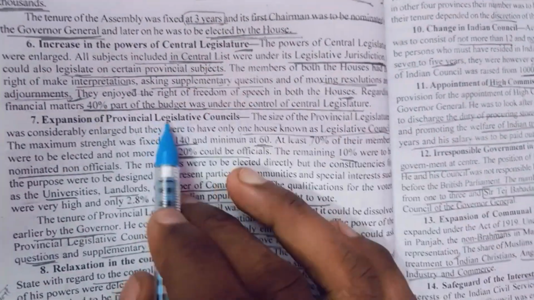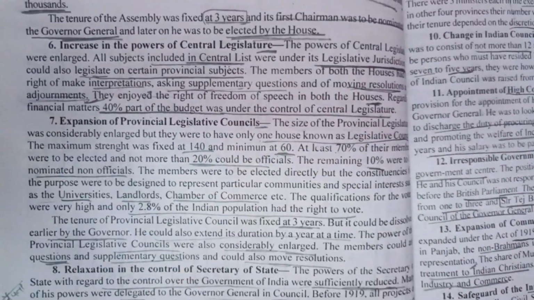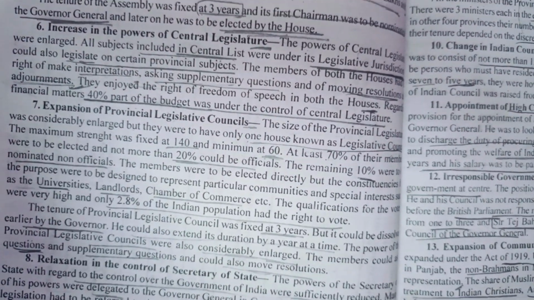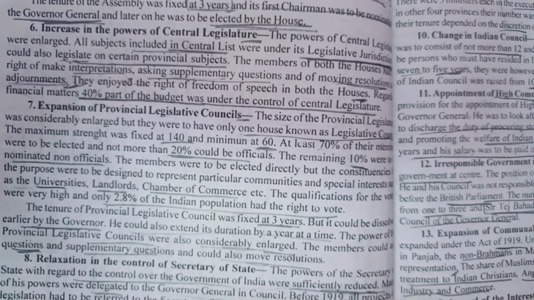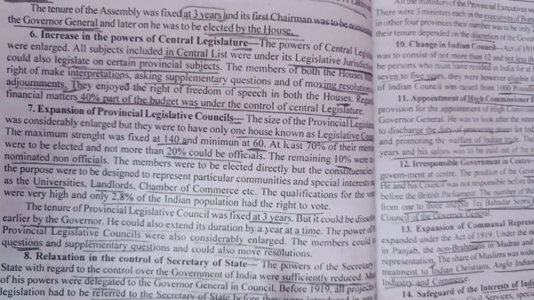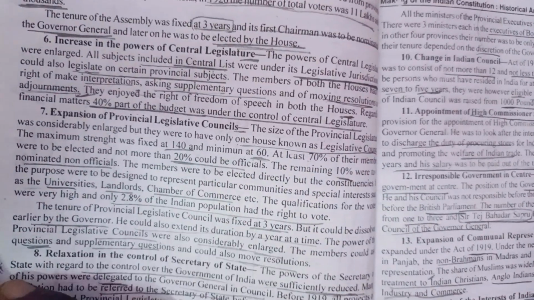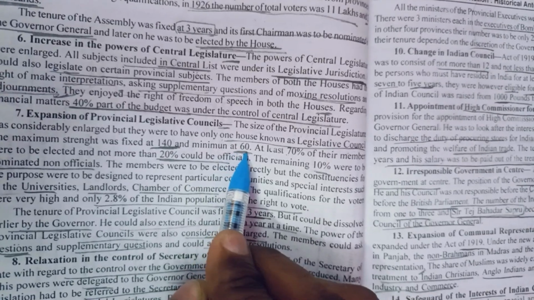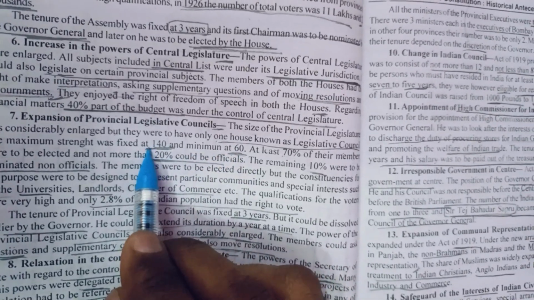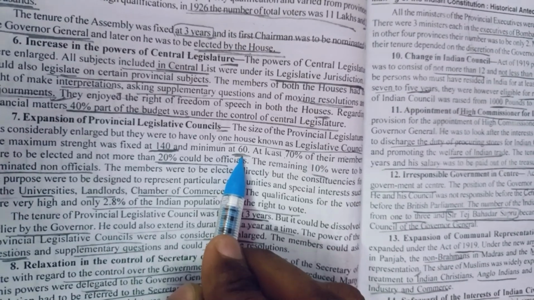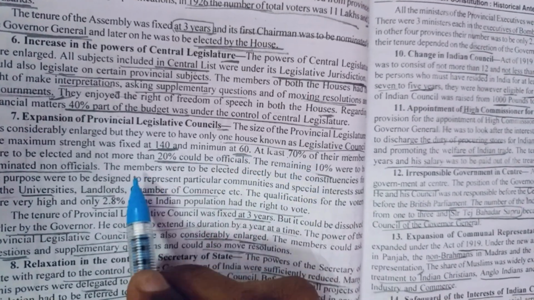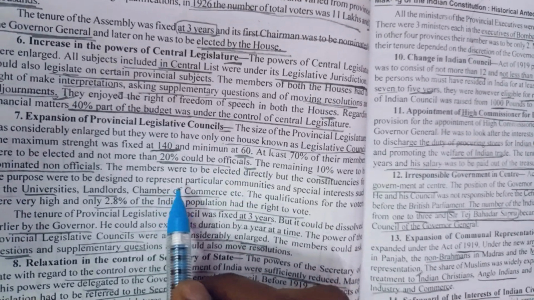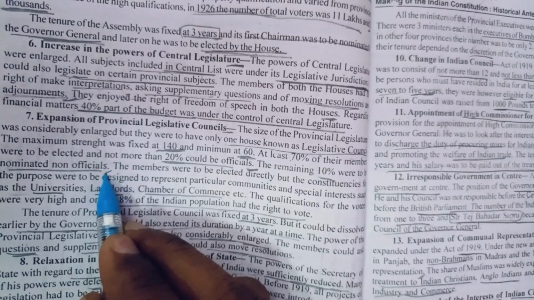Number seventh was the expansion of the provincial legislative council. The provincial legislative council was also increased, but the limitation was that there was only one house, the legislative council, and the maximum strength was fixed at 140 and the minimum at 60. At least 70% of the members were to be elected, 20% could be official, and the remaining 10% were to be nominated non-official.